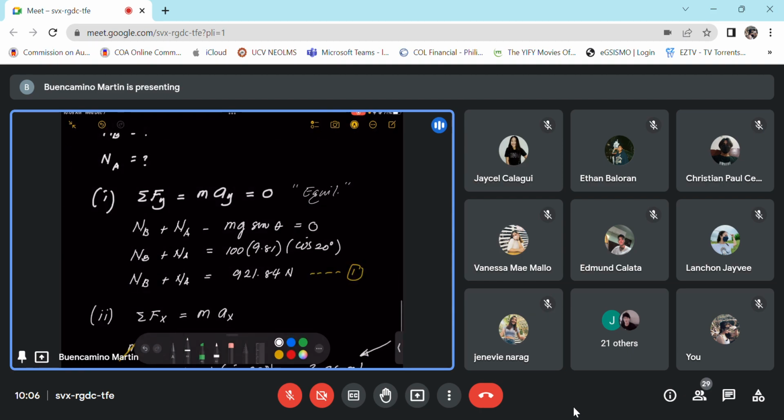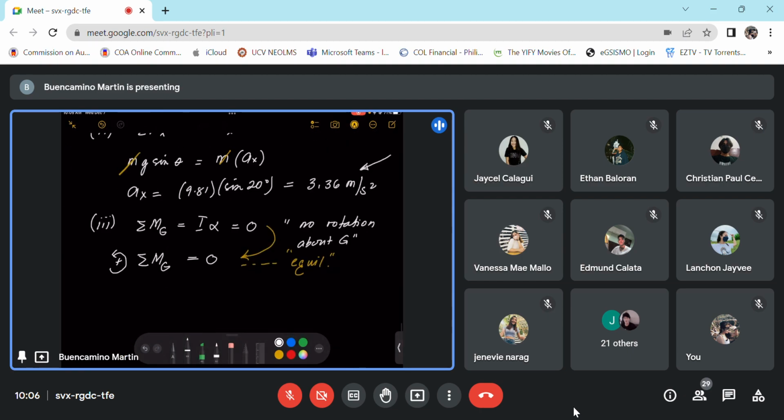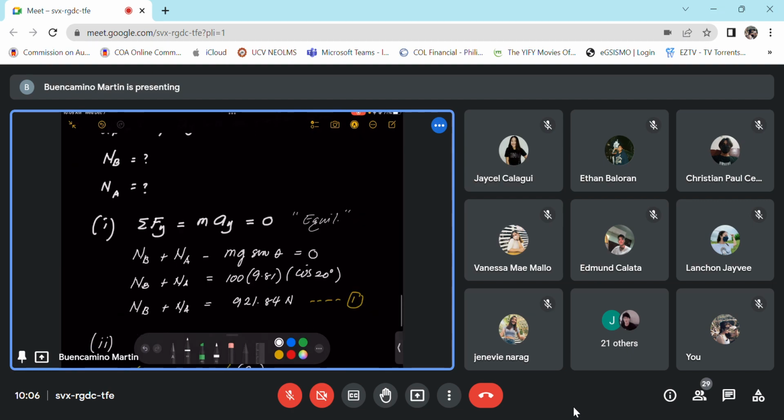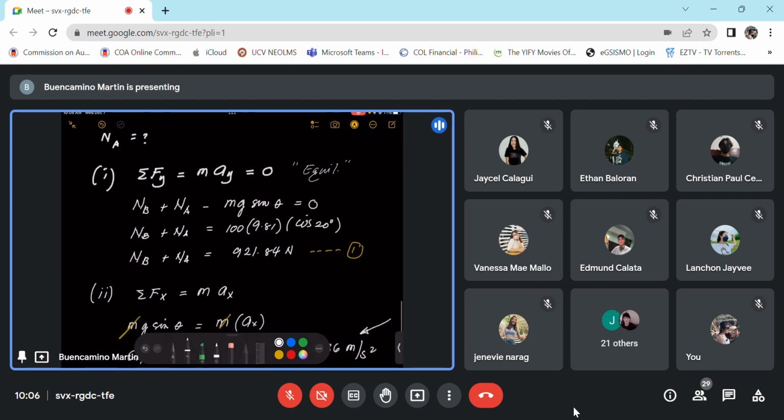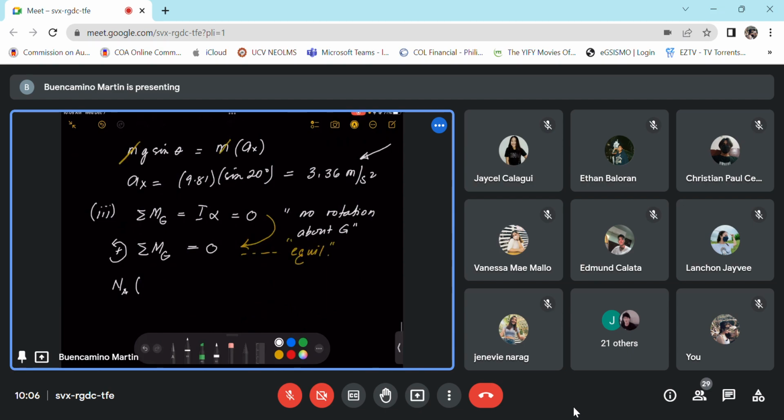So that would be NA times a moment arm of 0.5 minus NB times a moment arm of 0.5 also.